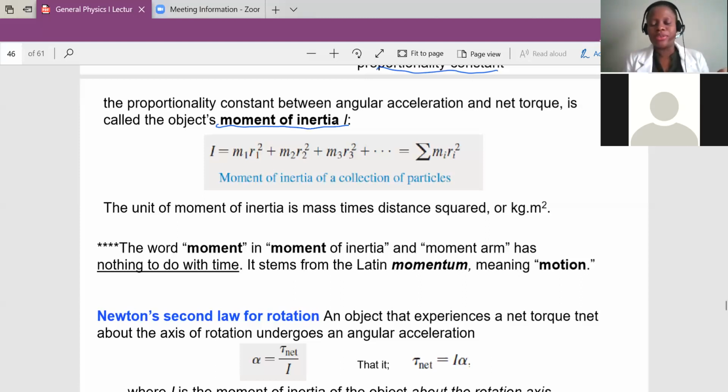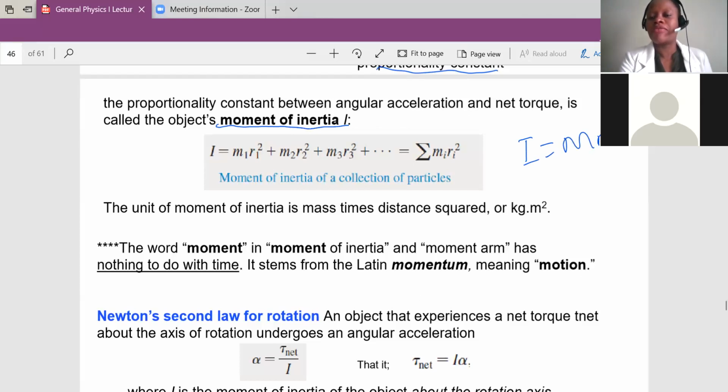So when you check the value I under that rod, it is the moment of inertia that we're describing here. A moment of inertia is described as the proportionality constant between the relationship of angular acceleration and net torque, and is I equal to mr squared.